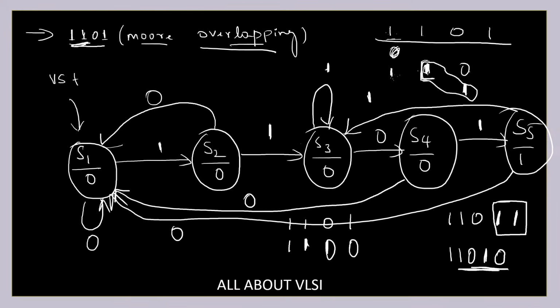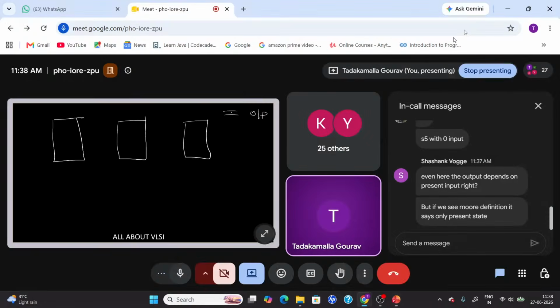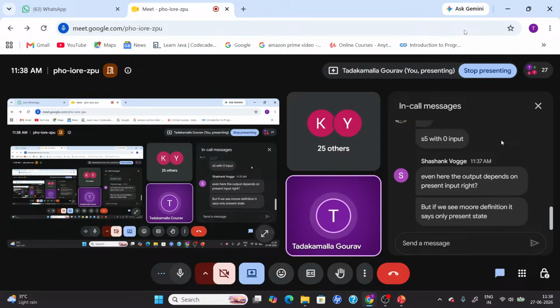If you're deriving it, you're not going to have an input term. Like if you're going to develop the logic using the state transition table and all, and if you want to develop the output logic, in the output logic Boolean expression you're not going to have any input term. Okay. When you're developing Mealy FSM, in your output logic Boolean expression, you're going to have input also. That is the difference.